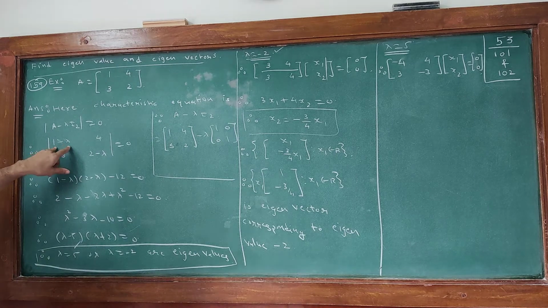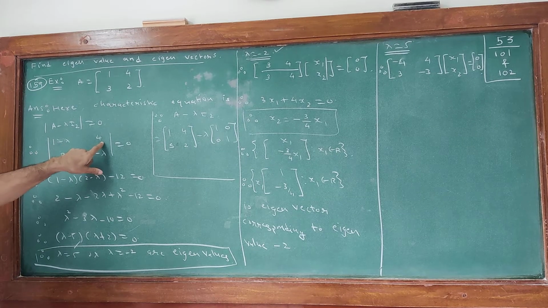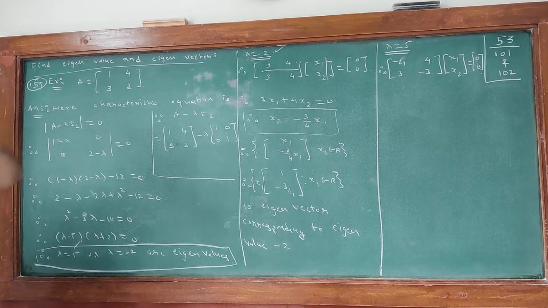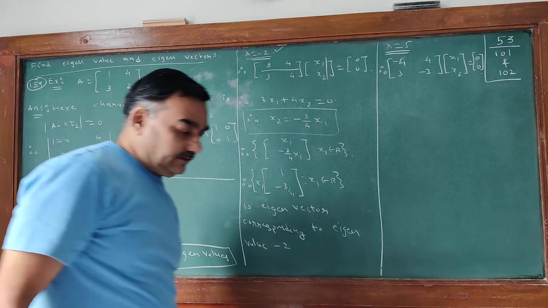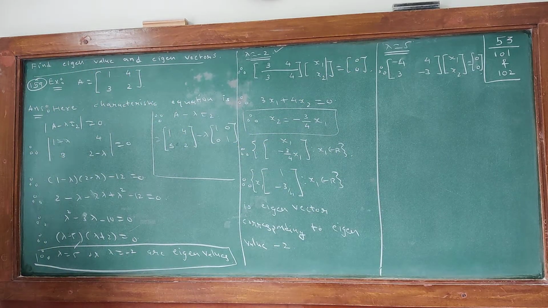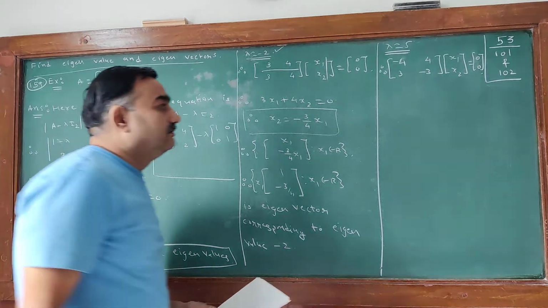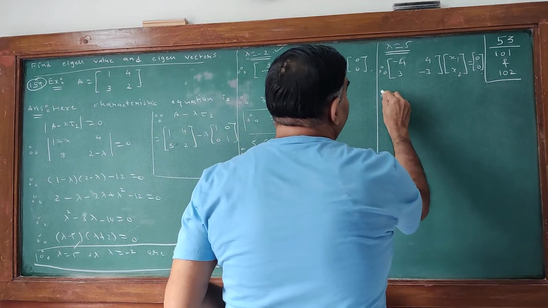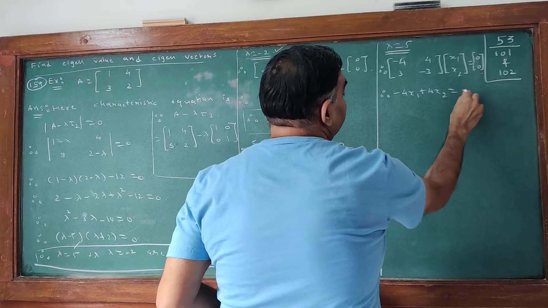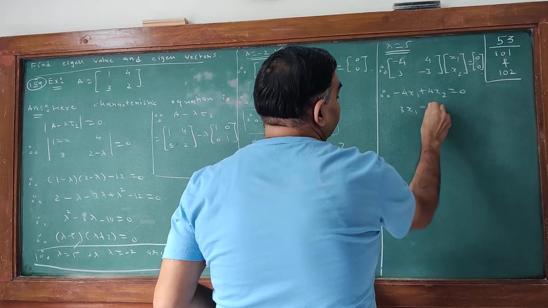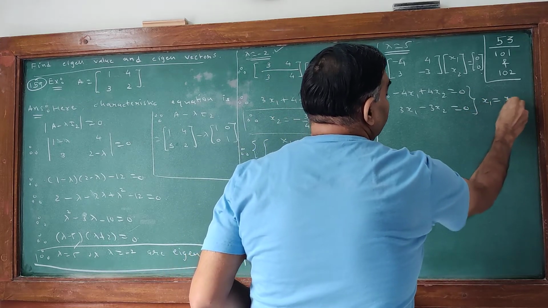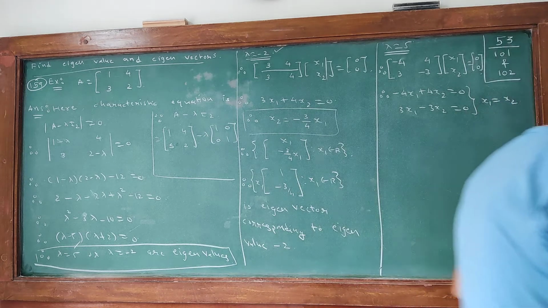We put lambda equal to 5, means it is 1 minus 5, minus 4, and 4 is there. 3 is there. 2 minus 5 means minus 3. x1, x2 equal to 0, 0. Check there. So we have minus 4x1 plus 4x2 equal to 0, 3x1 minus 3x2 equal to 0. But by both the equations we have x1 and x2 are same.